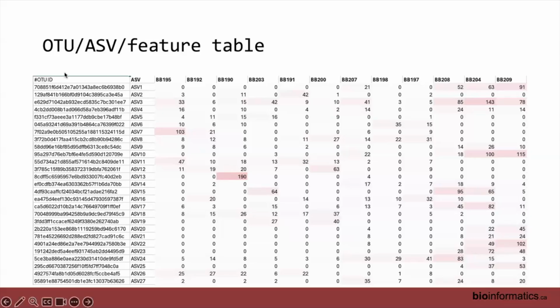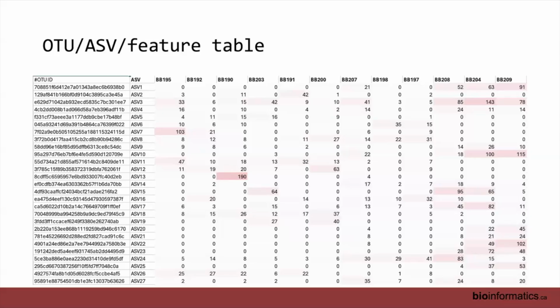So while not completely necessary to change something like this to a number like ASV1, or to A, B, C, whatever, it makes it a lot easier when you're referring to it, which is the reason why we give things names, like species names and genus names.